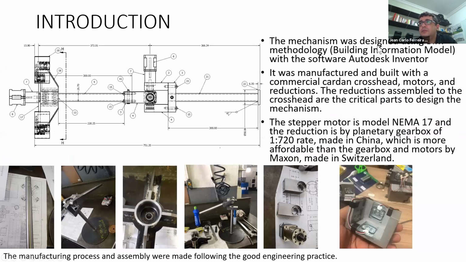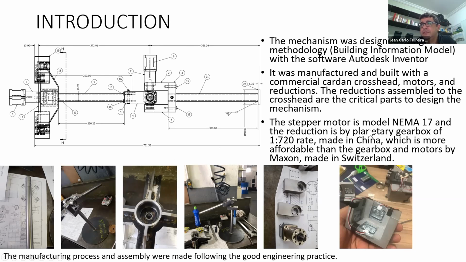The mechanism was designed using BIM methodology with the software Autodesk Inventor. It was manufactured and built with a commercial Cardan crosshead, motors, and reductions. The reduction assembly and the crosshead are the critical parts to design the mechanism. These are some pictures of my manufacturing process, okay?